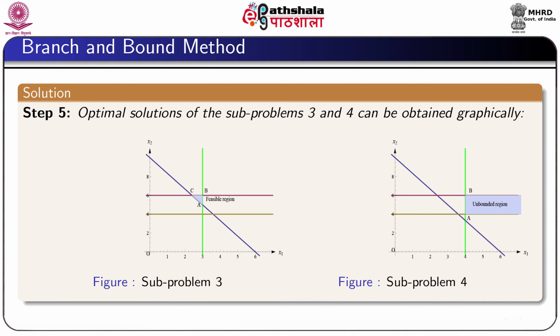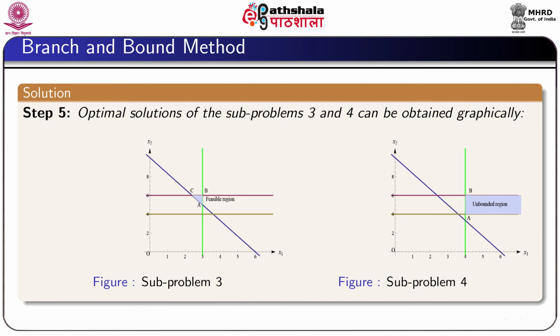For sub problem 3, we are getting a feasible region, whereas for sub problem 4, we are getting an unbounded feasible region. But as we know, an unbounded feasible region does not necessarily give an unbounded solution.